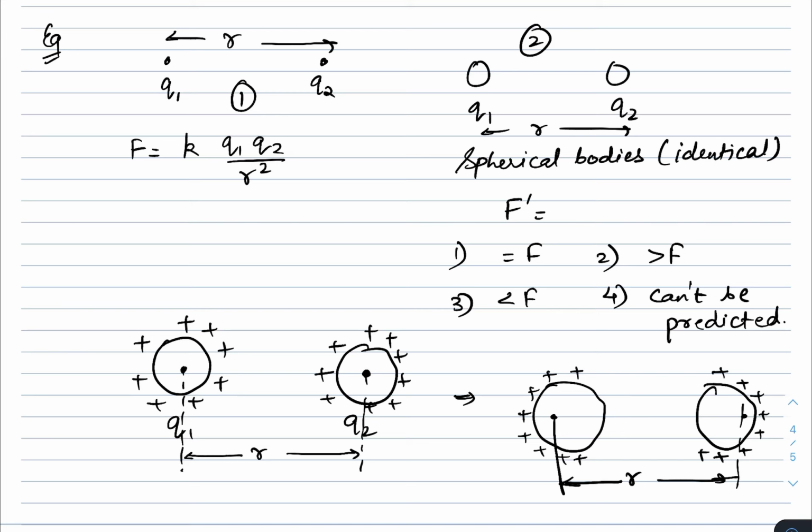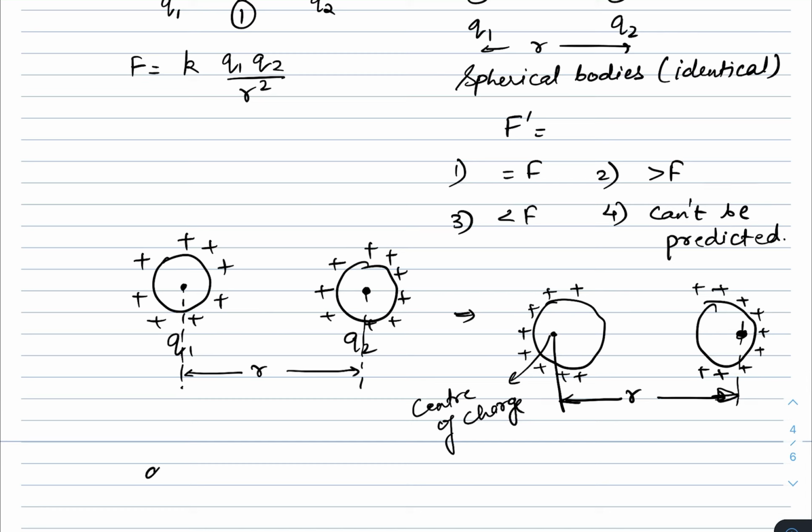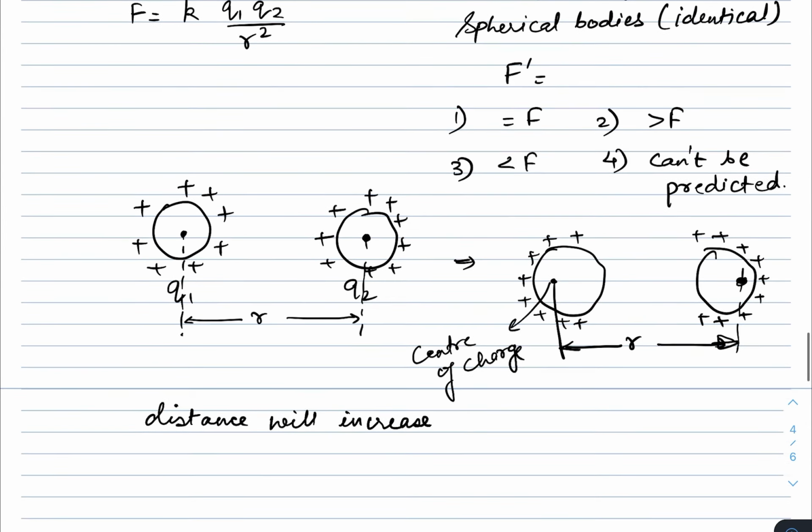You have heard about center of mass. Here we are discussing center of charge. So due to repulsion between the positive charges, these charges will go to the farther surface, and the distance, not the center to center distance but rather the center of charge to the center of charge, will increase.